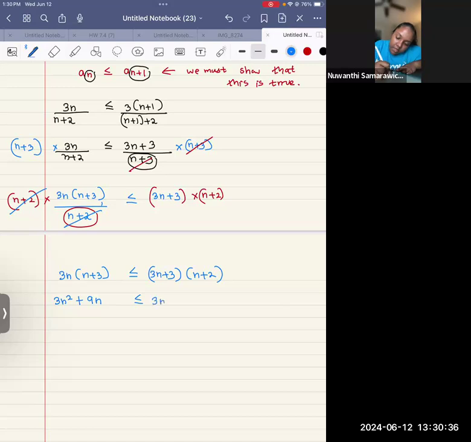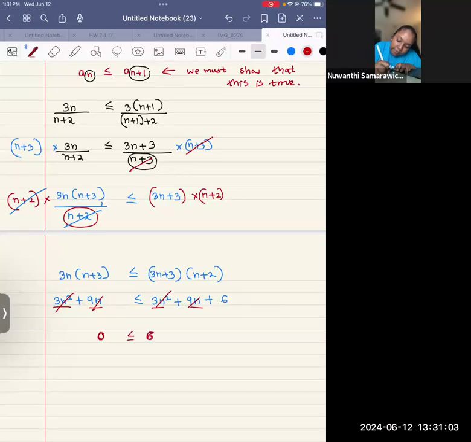So 3n squared plus 9n plus 6. Okay. So you see this term, both are common in left hand side and right hand side. So you can just cancel.